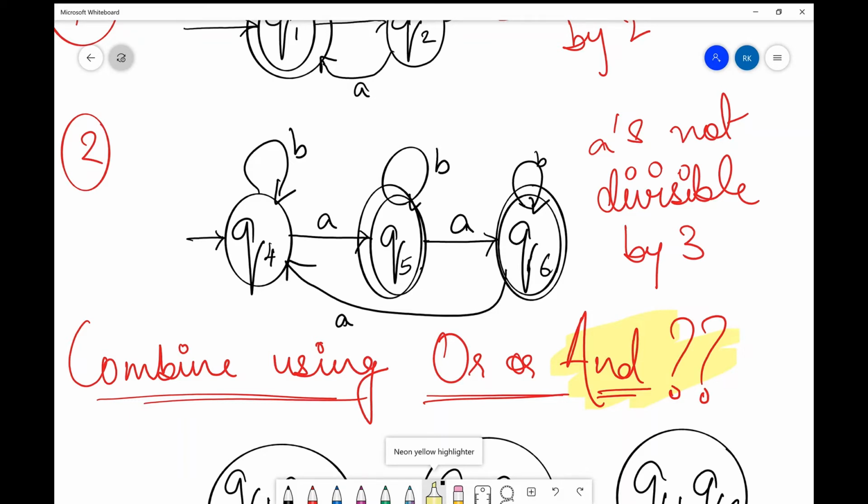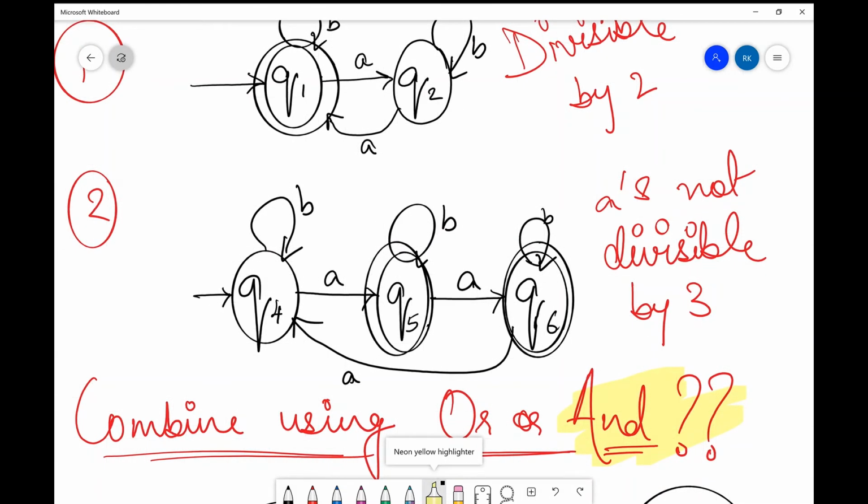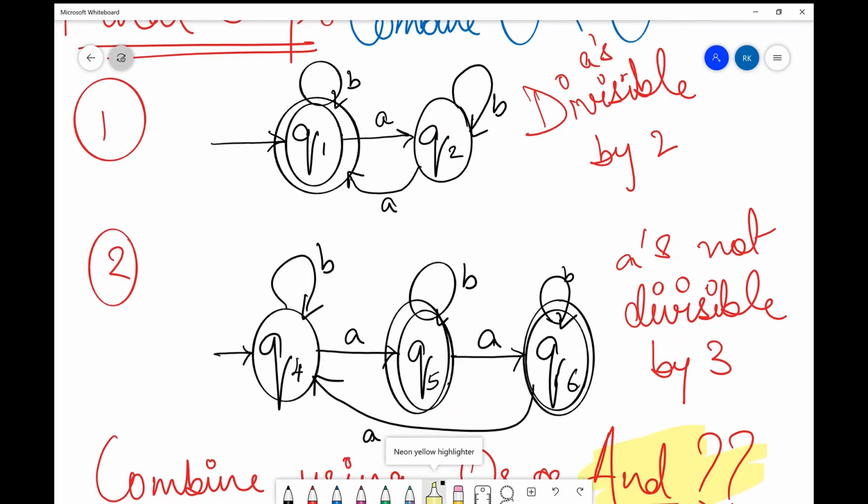First of all, we need to form the states by combining both these DFAs. Now it is very analogous to a product. When you form a product of two strings, it is very similar to that. So in that manner, I'm going to explain this.